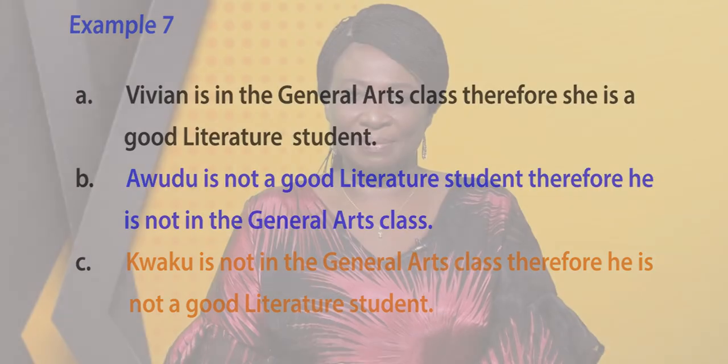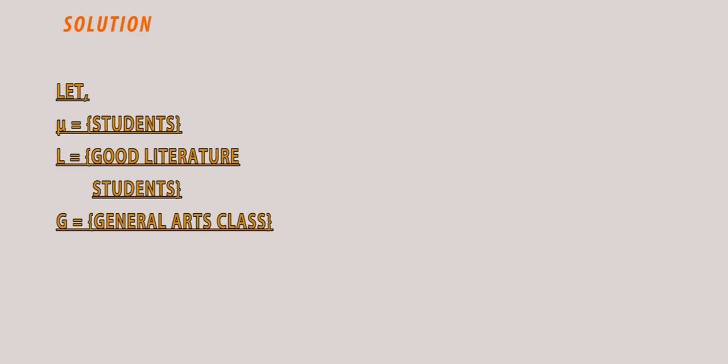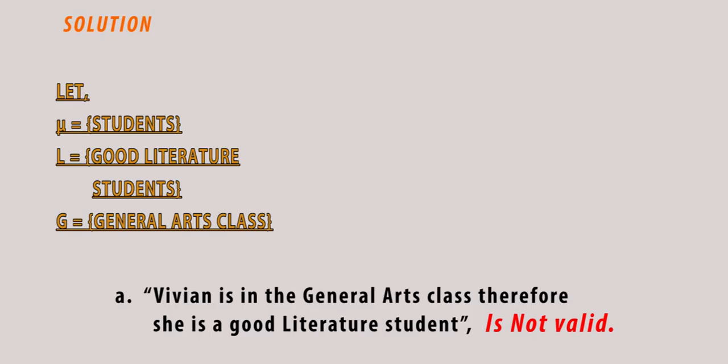Let's take the solution. In order to draw the Venn diagram, we will let U represent the set of students. L will represent the set of good literature students. And G will represent the set of general arts students. So, from the Venn diagram, the statement Vivian is in the general arts class, therefore she is a good literature student, is not valid.